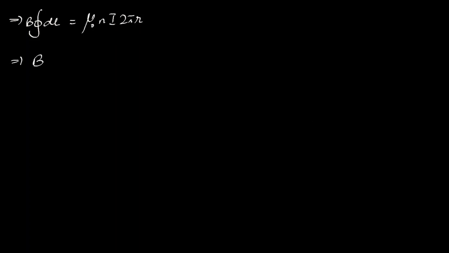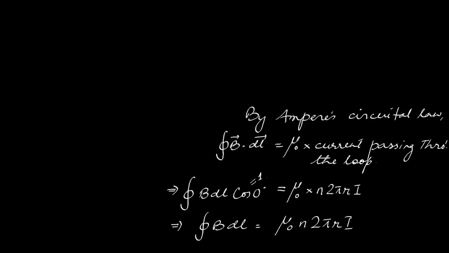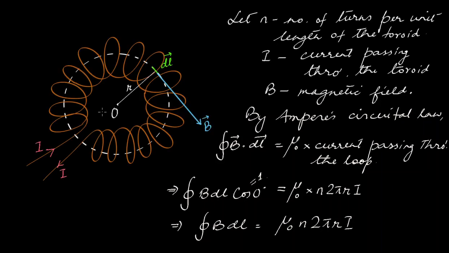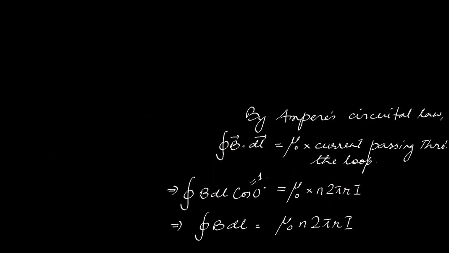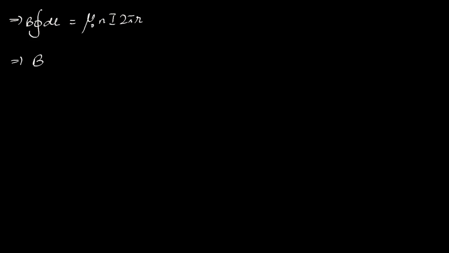So what is the value of this integration here? This integration actually is nothing but you're taking a small length dl, and you're integrating over the entire circumference. So this will be equal to 2 pi r. Yes or no, this integration?